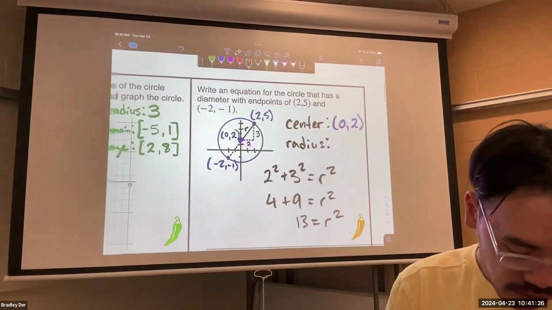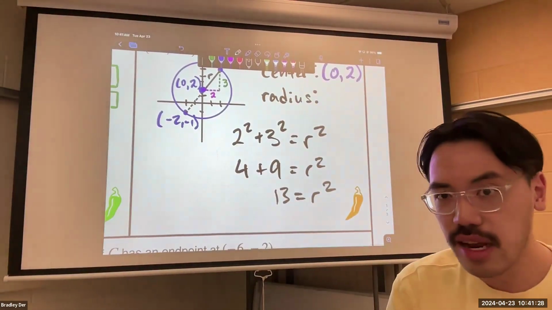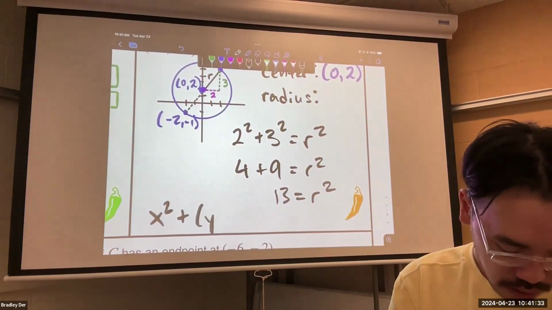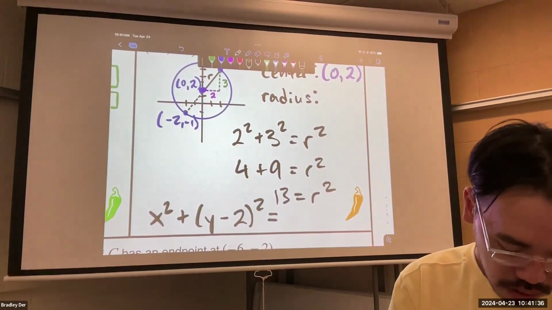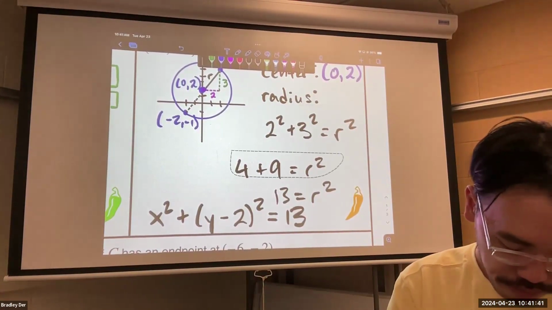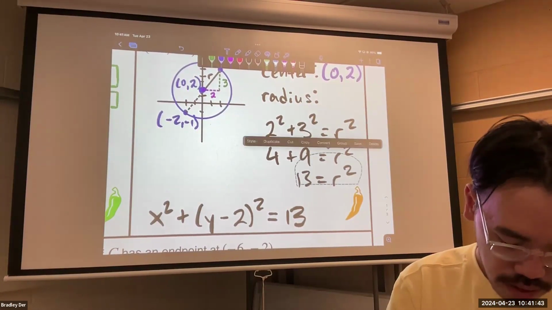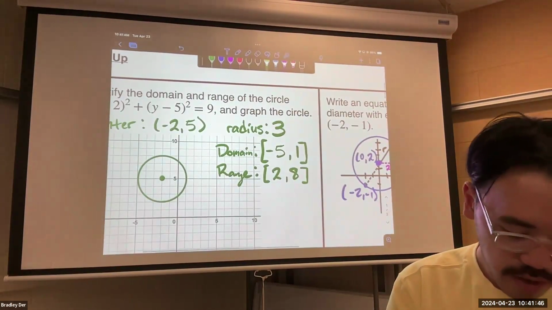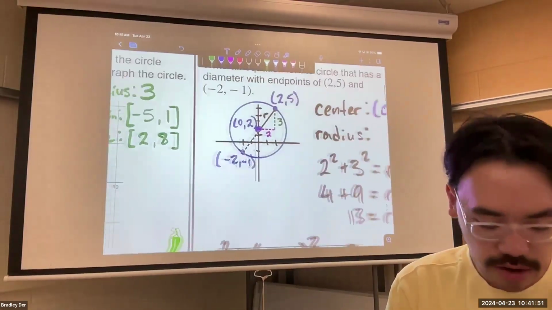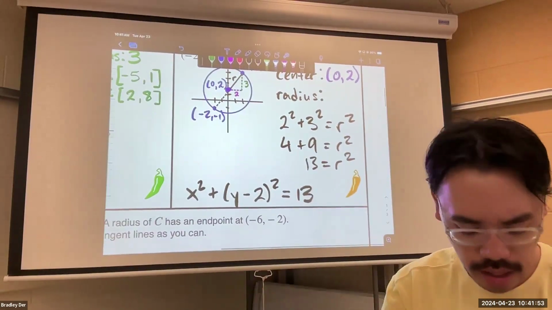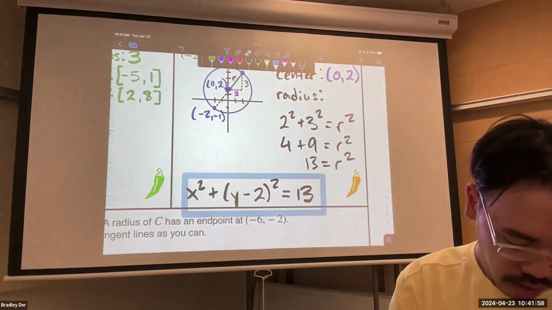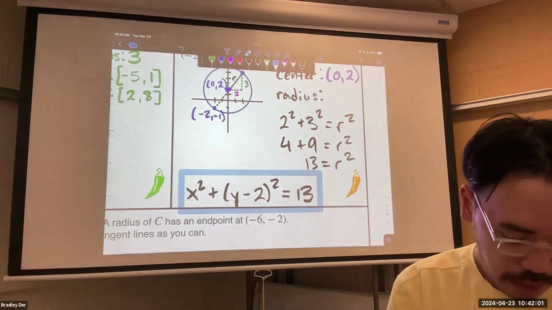But because you were asked for the equation, I'm just going to stop here and throw this equation together, because the equation would actually use r squared as the constant on the right-hand side. The same way that over here, when the radius was 3, the constant for the equation was 9, it'd be the same thing, right? I could find the radius as root 13, but I'm going to end up squaring the root 13 to finish off my equation. So I would say this is where I want to end things.